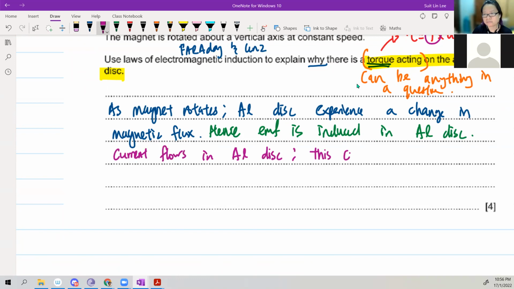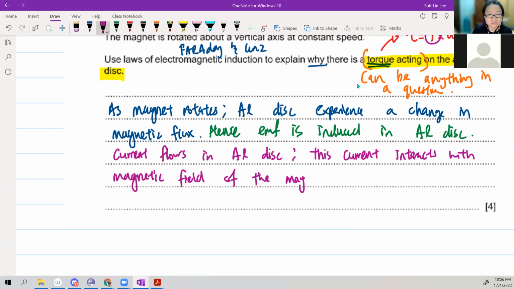This current interacts with the magnetic field of the bar magnet, causing a force on the disc.